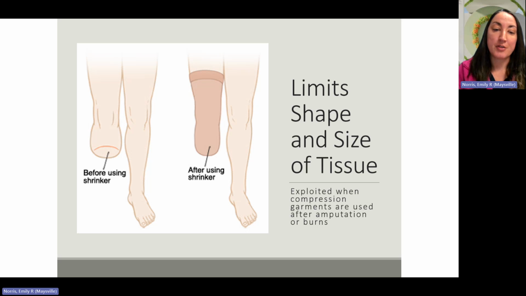All right, so another thing that compression does is limits the shape and size of tissues. So this is one reason that compression garments are used after an amputation or after burns to help shape the area and help the tissues be pliable and not be hypertrophic.